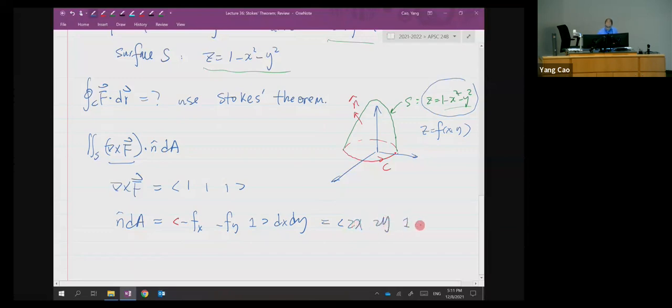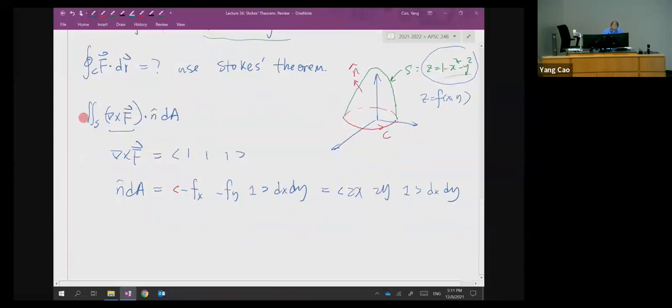Then 2y, 1, dx dy. That's n hat dA. So now I'm ready to plug into this formula: 1, 1, 1 dot 2x, 2y, 1 dx dy.